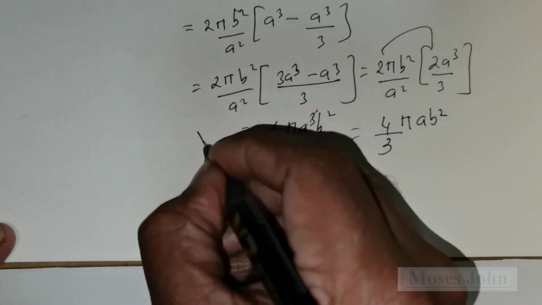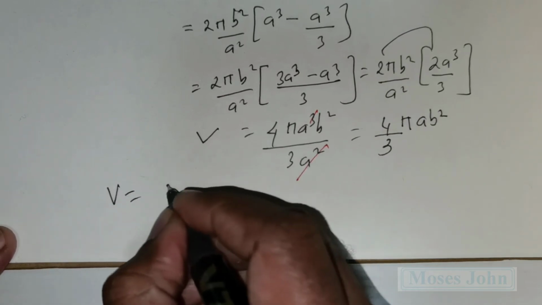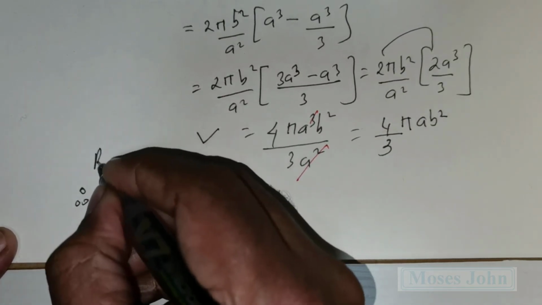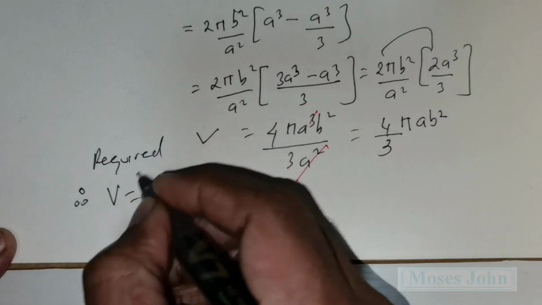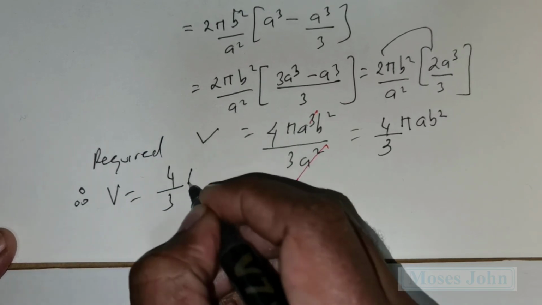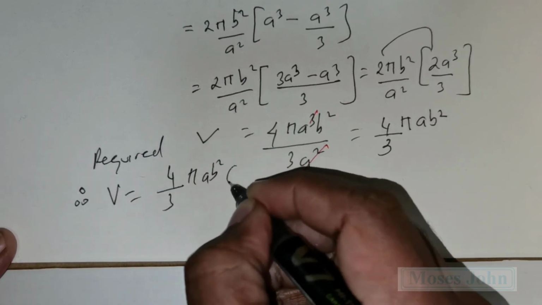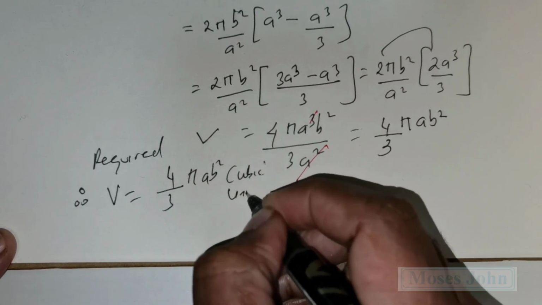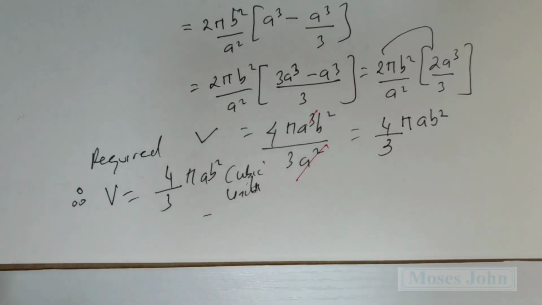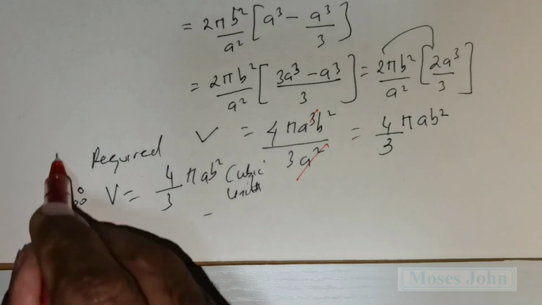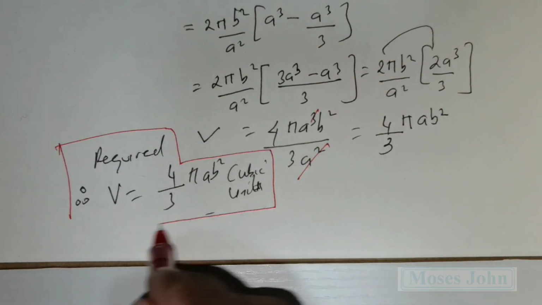So this is the required volume. So you can rewrite the answer: therefore the required volume is equal to 4 over 3 pi a b squared cubic units. Okay, that's critical. You need to write the units there, and you can box the result.